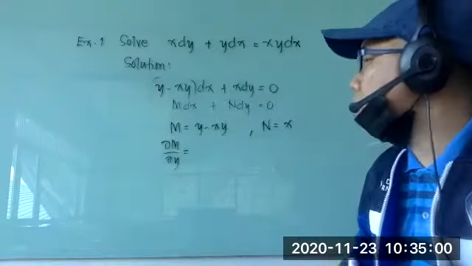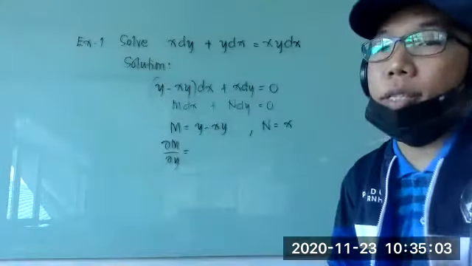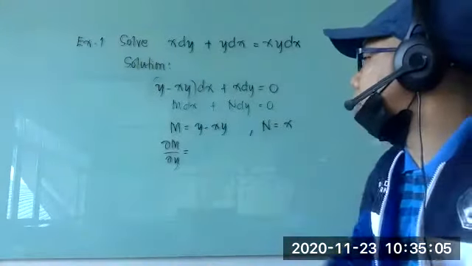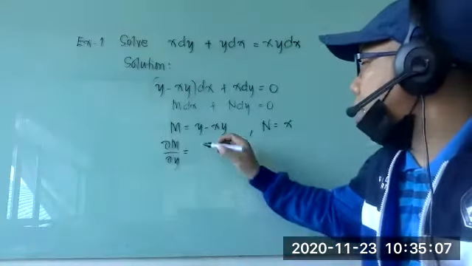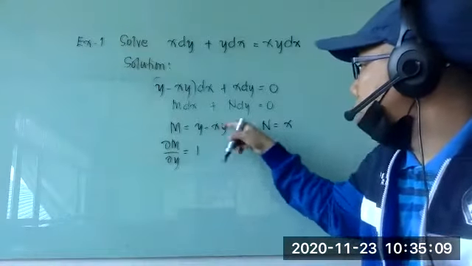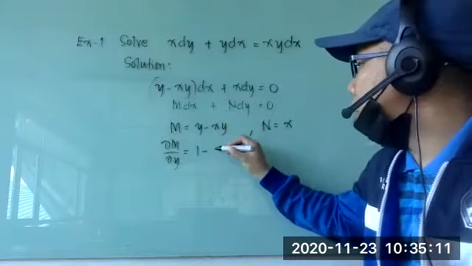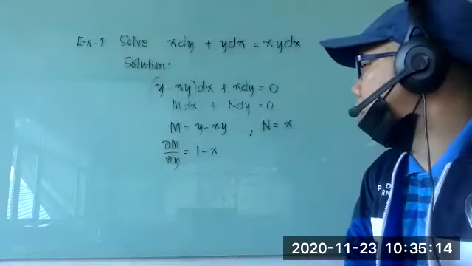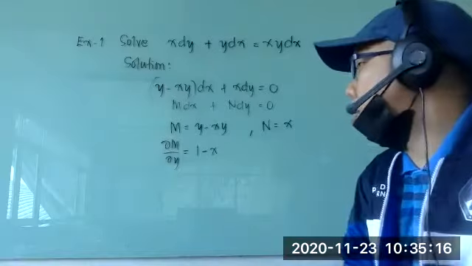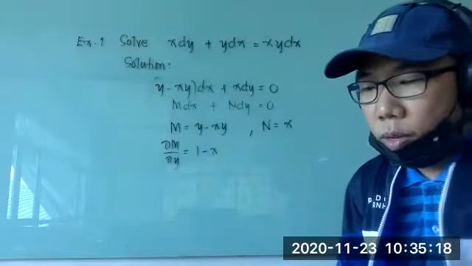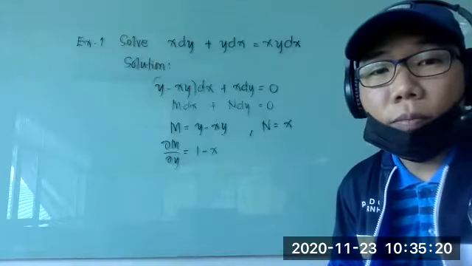So pag ganun, x is held constant. Okay, so we take the partial derivative of this with respect to y, and that is 1. And this term will be, copy mo lang yung constant, then differentiate y with respect to y, and that is 1. So the answer is 1 minus x.